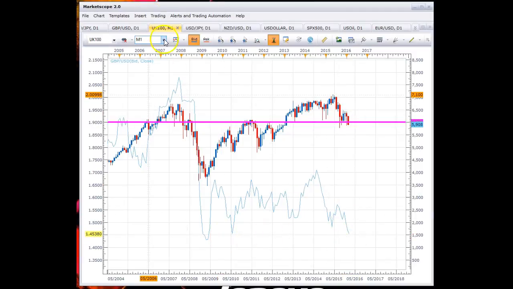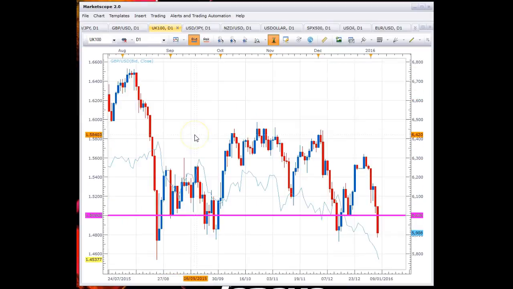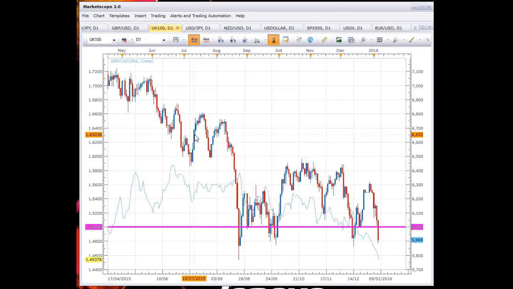So the correlation is not always perfect and unilateral. Sometimes it's very changeable. But it's certainly worth seeing that the FTSE 100 and the pound US dollar have moved in sync overall in the direction of late.